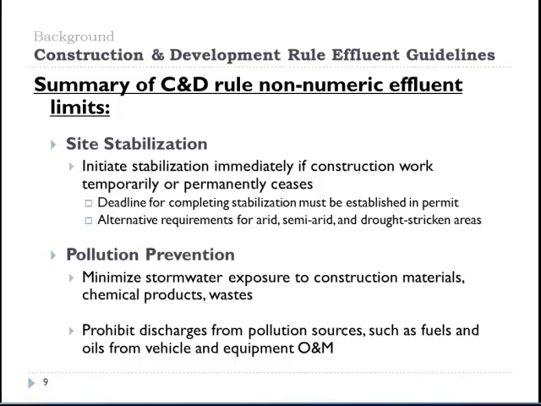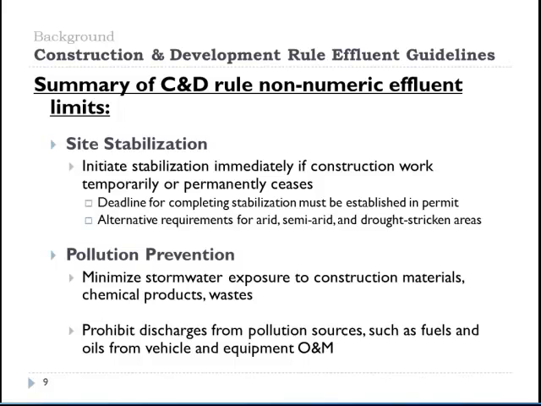So if there is a temporary stop of work in that area for 14 or more days, stabilization would need to be initiated immediately. The rule also directs permitting authorities to establish deadlines for when stabilization needs to be completed, and also establish some recognition that alternative requirements may be necessary for arid, semi-arid, and drought-stricken areas.